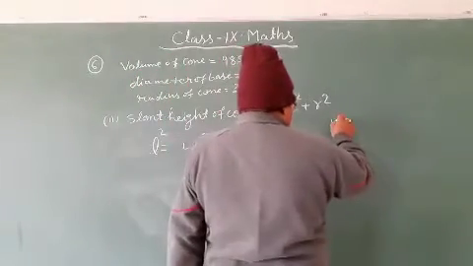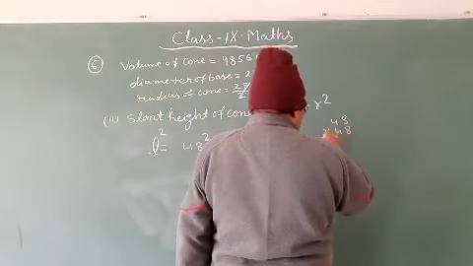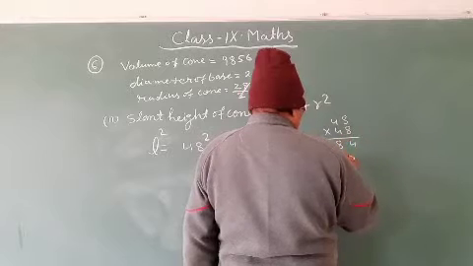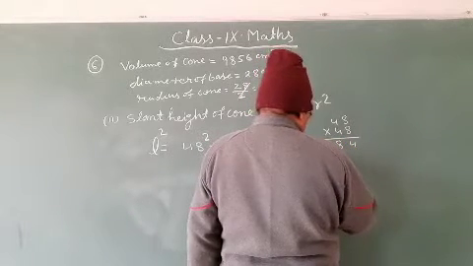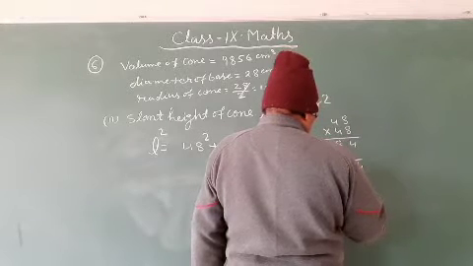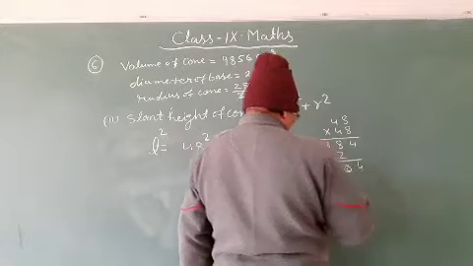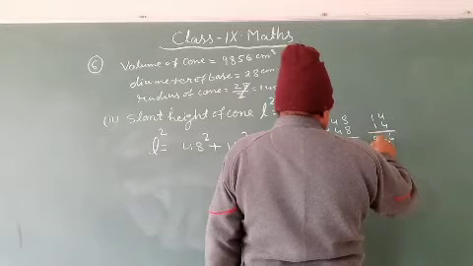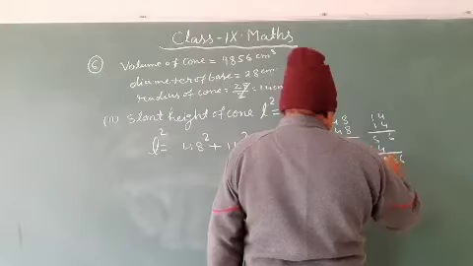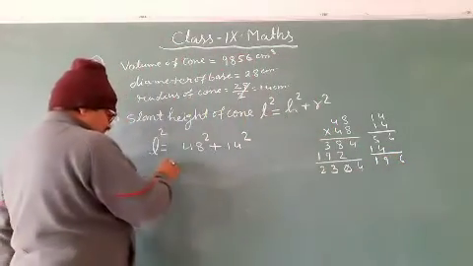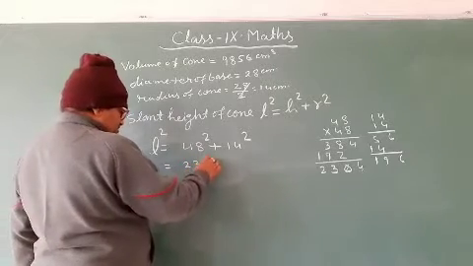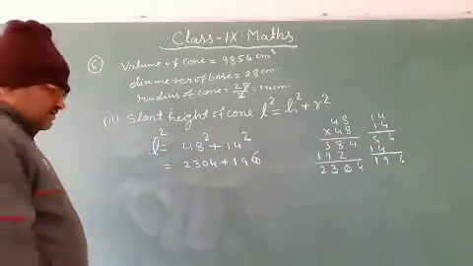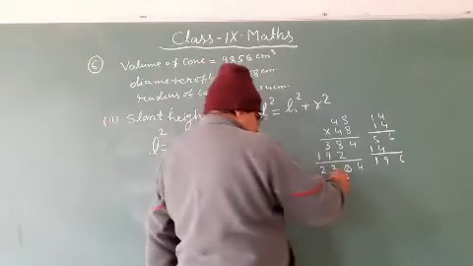Now 48 square, 48 into 48, that is 2304, and 196. Now we add 196.